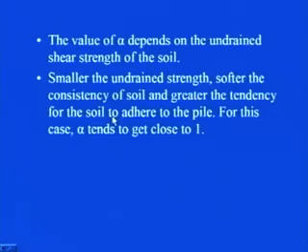So, for smaller undrained shear strength, the soil will be more soft in nature, and as the clay is soft, its consistency is low, it will have the greater tendency to adhere to the pile shaft, and so alpha will tend to 1.